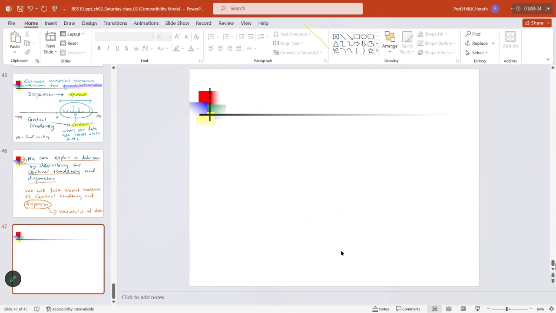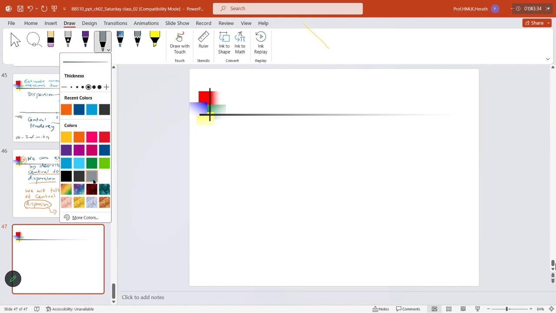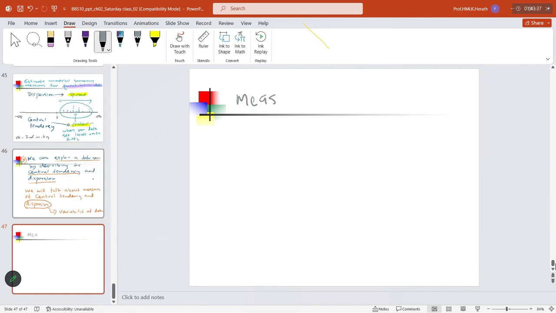Okay, now let's talk about measures of central tendency. So there are many measures.